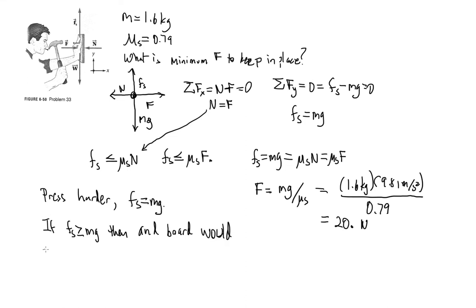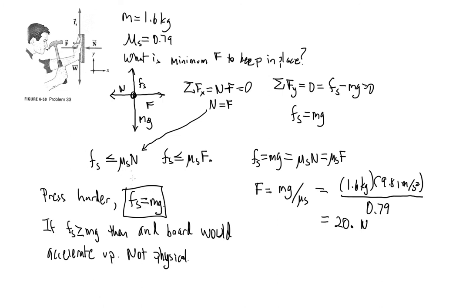Would accelerate upwards. And that is weird. The fancy word for weird is not physical. So we don't end up with this happening. Therefore, Fs is always equal to mg.